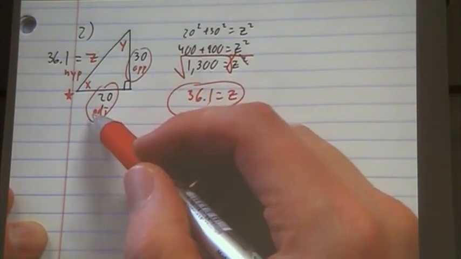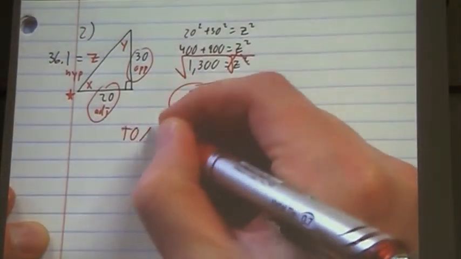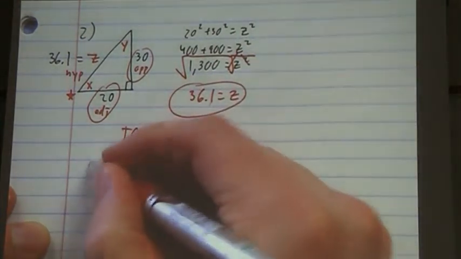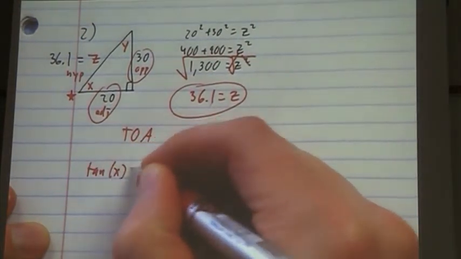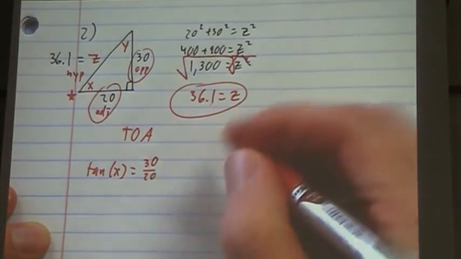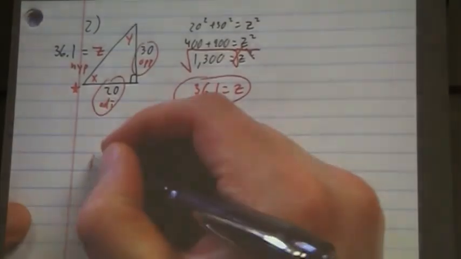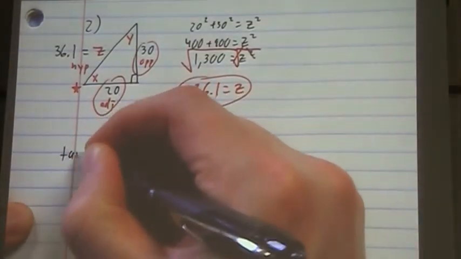Opposite and adjacent, that would be TOA. So we go tan of x equals opposite over adjacent. And now we need to get our x by itself. So we are going to take the inverse tangent of both sides.